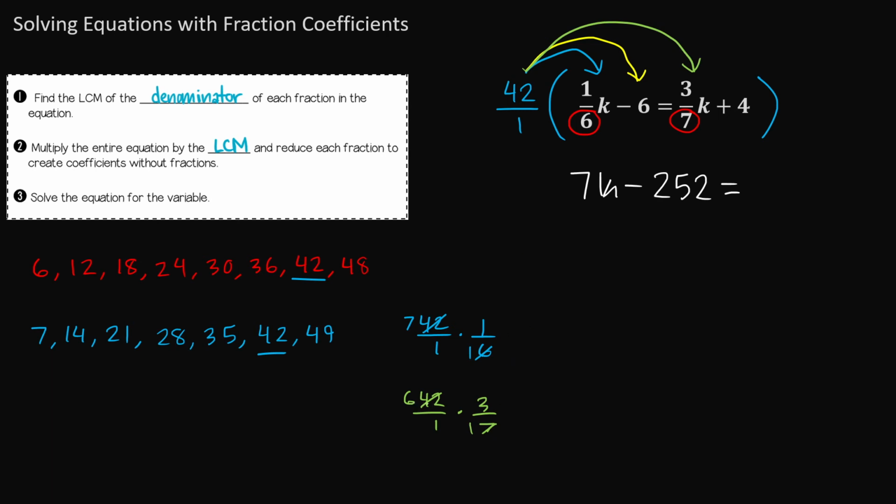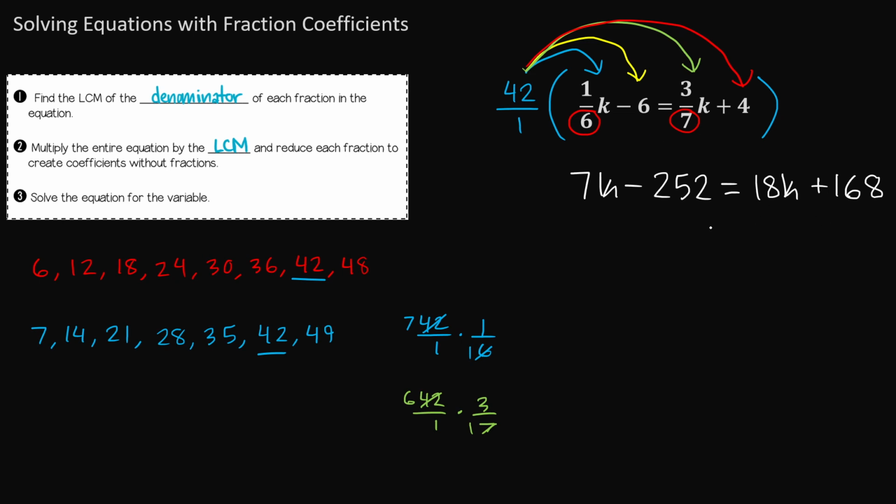And if we multiply across, 6 times 3 is 18. So we'll get positive 18k. And then last but not least, we'll multiply 42 by 4. And 42 times 4 is going to be positive 168. So plus 168.